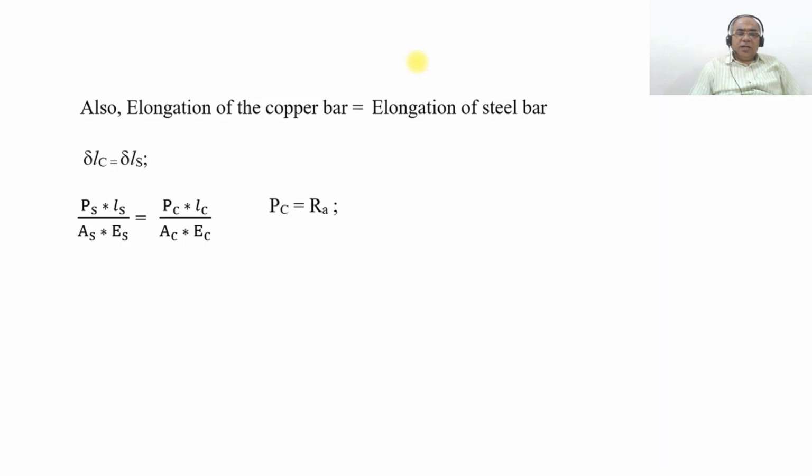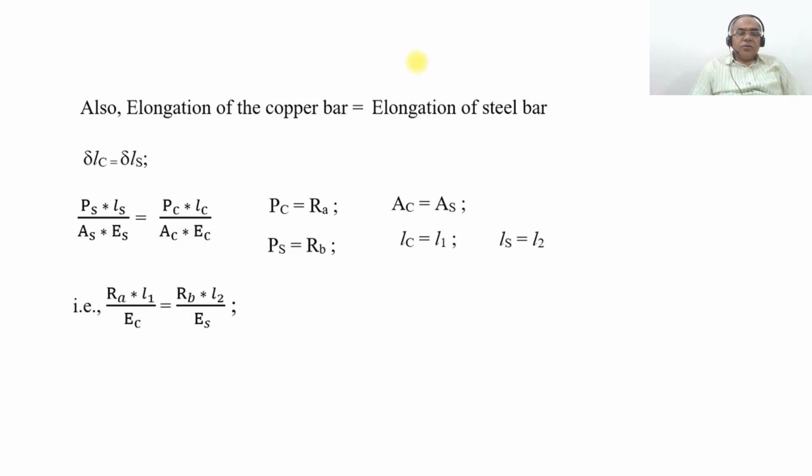You know PC is equal to RA, because the copper bar is on the left hand side, and PS is equal to RB, the reaction at the point B. AC is equal to AS, LC is equal to L1 and LS is equal to L2.